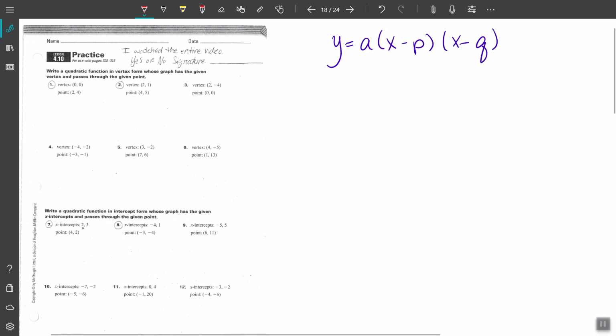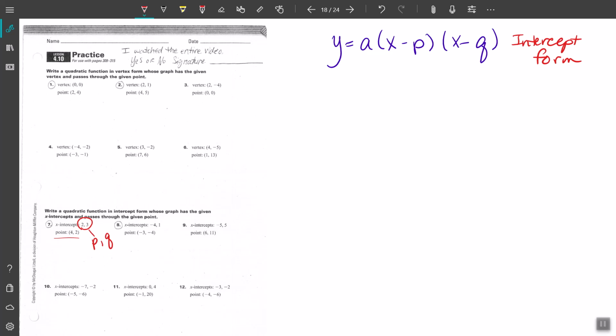So remember our x-intercepts, when we write out the formula for intercept form. Okay, so over here you can see that. That means that our intercepts, we give the variables p and q. This point right here is just going to be another point on the graph somewhere. It's not our x-intercepts necessarily.